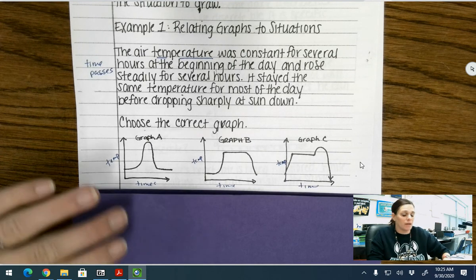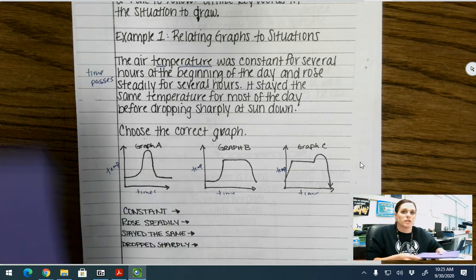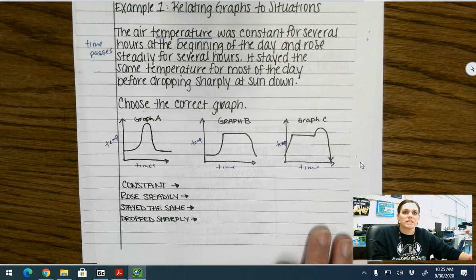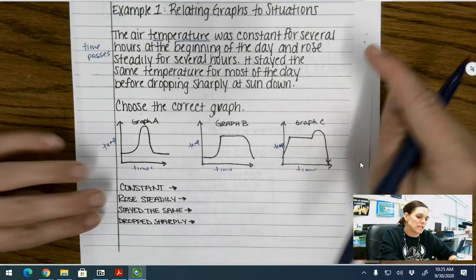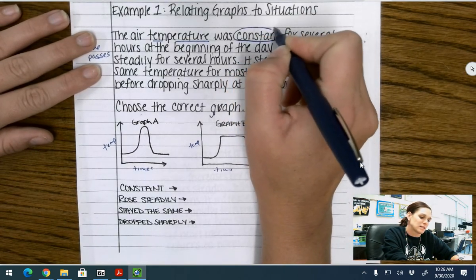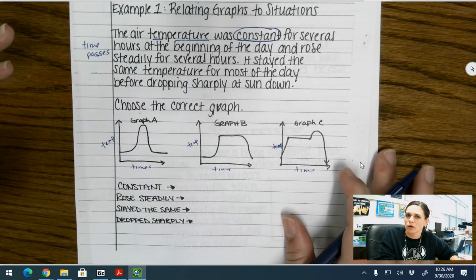Now, hopefully, you paid attention to these key words of our story. We have the word constant, rose steadily, stayed the same, and dropped sharply. That was each of our sentences. So the temperature was constant. How do you think constant would look?